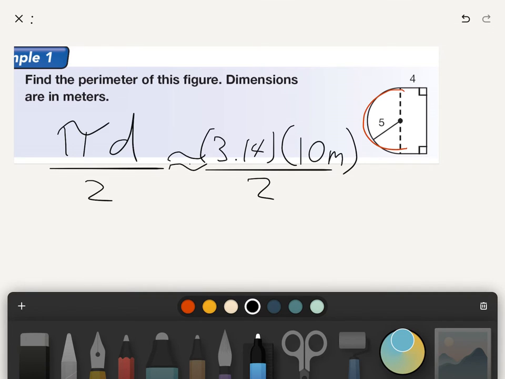So otherwise known as 31. Sorry, I'm doing this terribly.